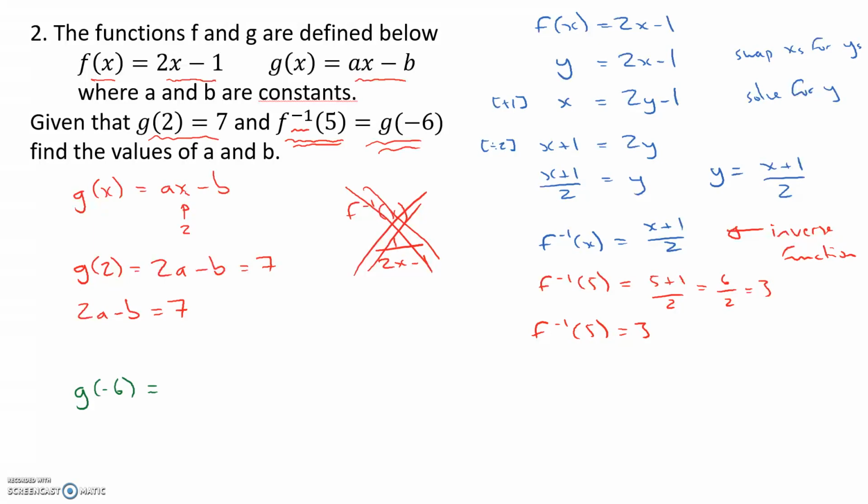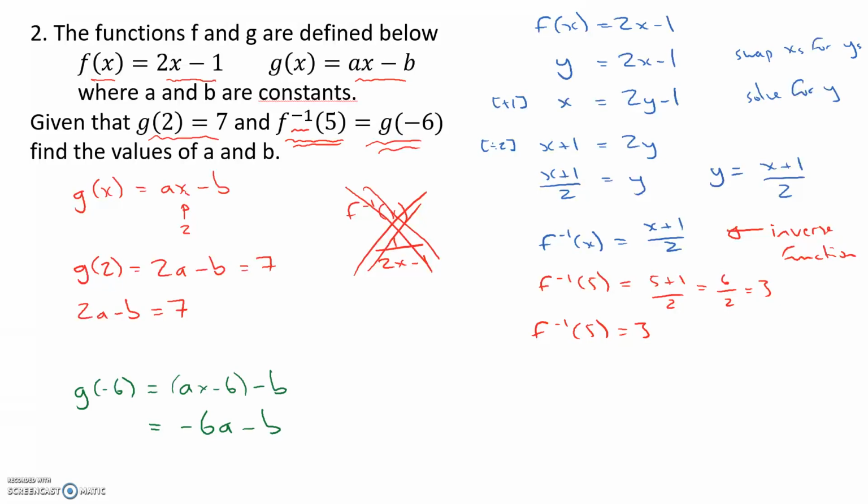And our g function, we know, is ax minus b. So g of minus 6 equals ax, but we know x is now minus 6. So it's a times minus 6, which looks very messy the way I've written it there, subtract b, which is just minus 6a minus b.